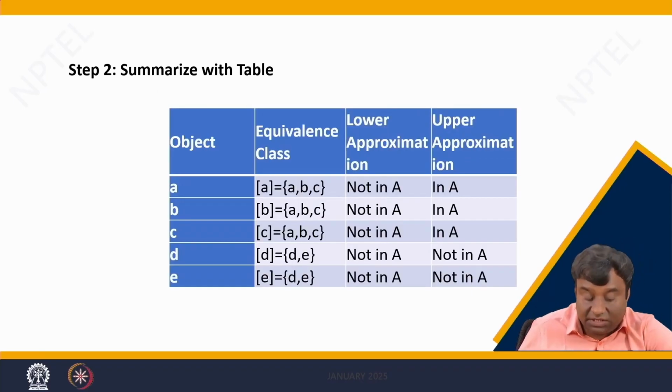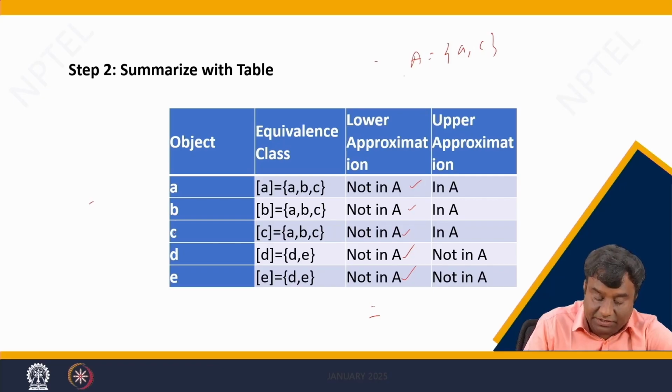We can understand this with the table. The objects are A, B, C, D, E. The equivalence class for A is {A, B, C}, for B is {A, B, C}, for C is {A, B, C}, and for D and E it is {D, E}. The target set is {A, C}. As A's class is not entirely contained in the target set, A is not present.